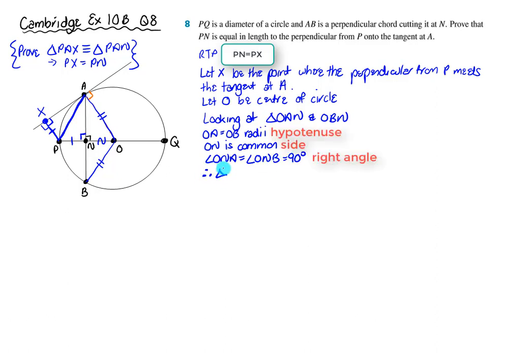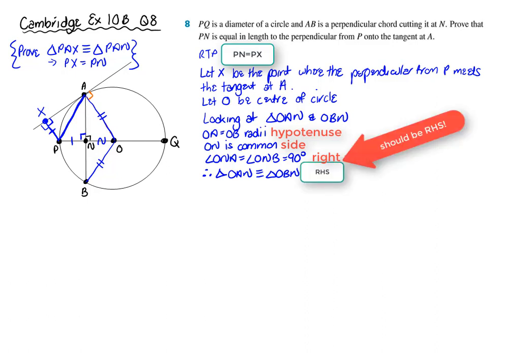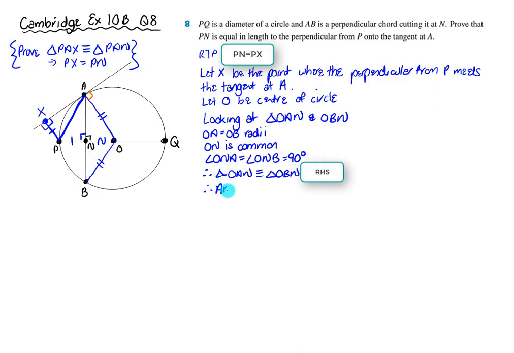Therefore, triangle OAN is congruent to triangle OBN, and that's because of side, side, side. So if we know that, we therefore know that side AN has to equal side BN. So those two sides are equal.